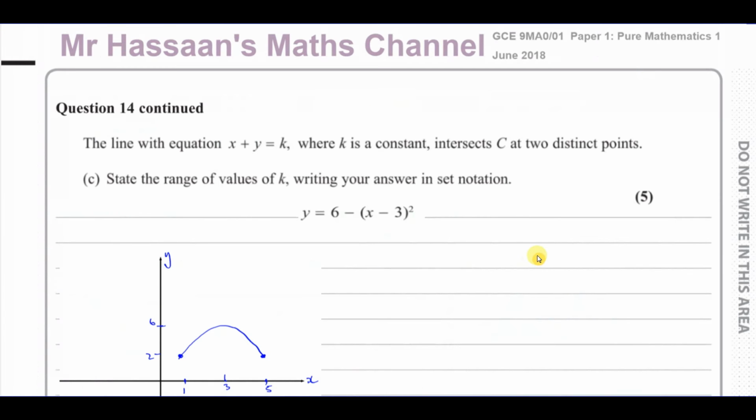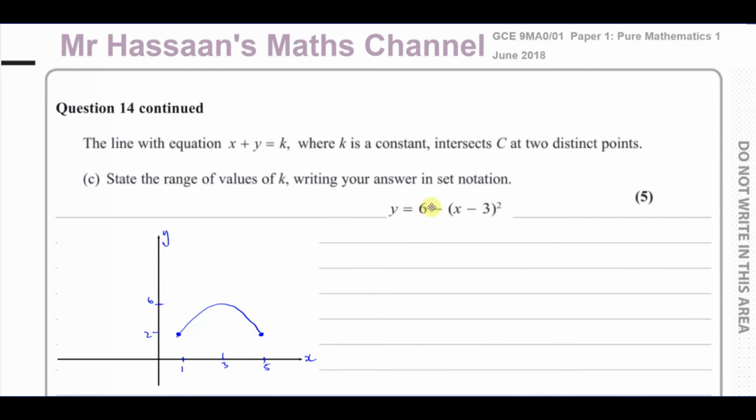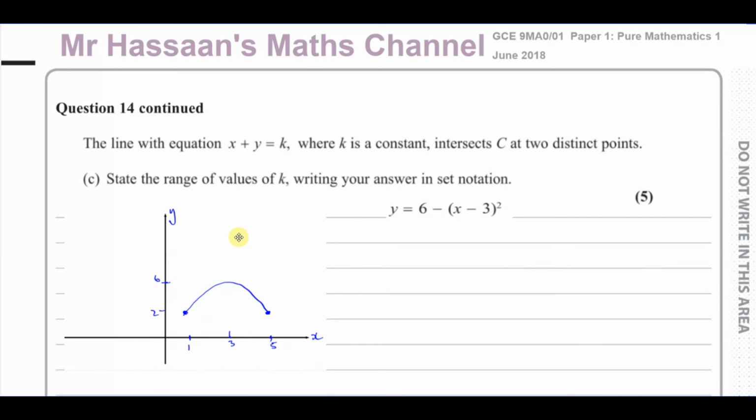Now for part C. We're told that the line with equation x plus y equals k, where k is a constant, intersects C at two distinct points. State the range of values of k, writing your answer in set notation. So x plus y equals k is a straight line.